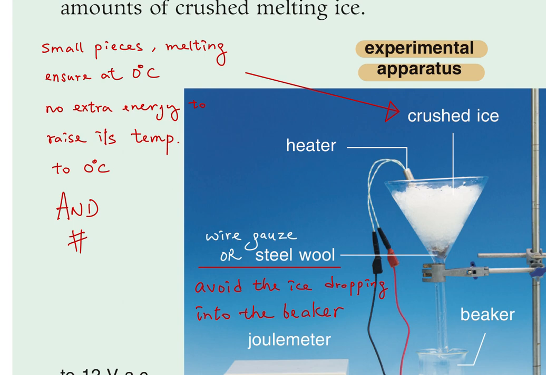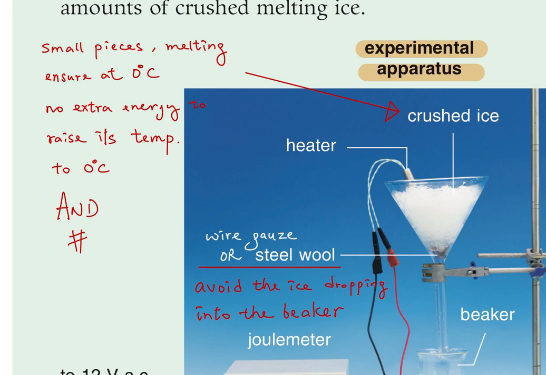Secondly, the very small pieces of ice also ensure good thermal contact between the ice and the heater. In other words, they touch each other well for heat transfer.